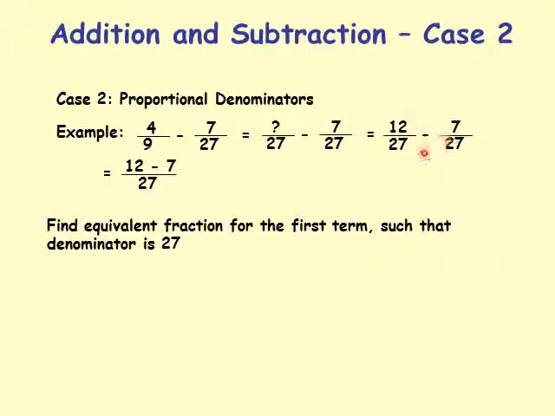It's a common denominator, so we can apply the sign to the numerators: 12 minus 7 equals 5 over 27. With proportional denominators, we need to convert the fractions to equivalent fractions such that the denominators match, and we try to match the denominator of the higher value.